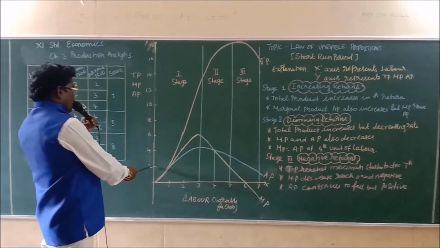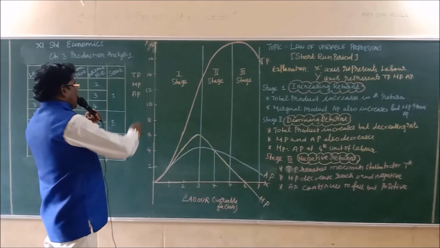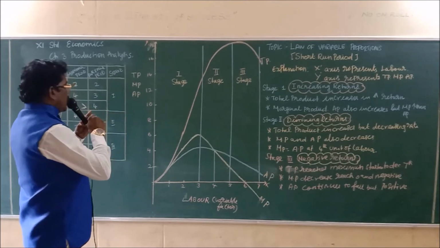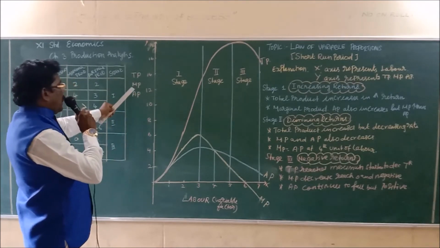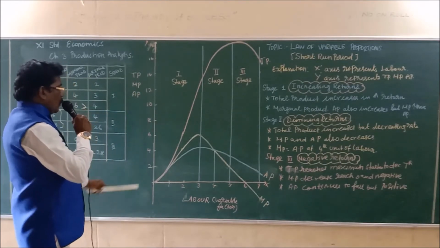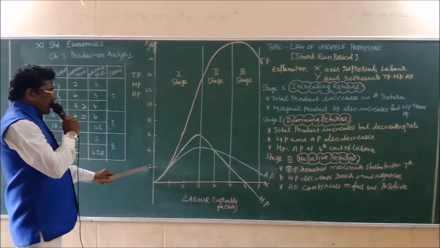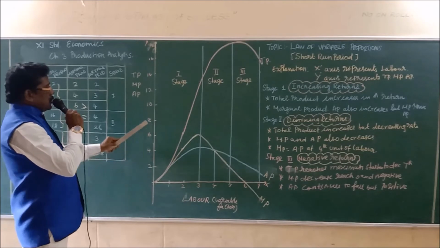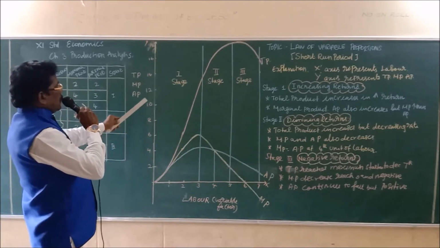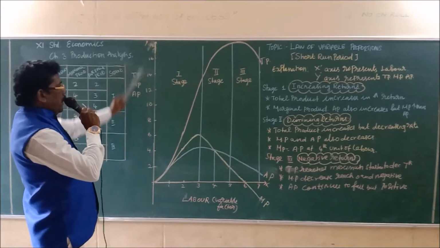Then the y-axis represents total production, marginal production, average production. 1 unit equals 2 units. That is 2, 4, 6, 8, 10, 12, 14, 16 and 18.